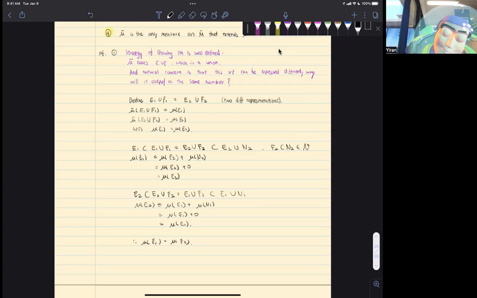How to show this? So mu of E is equal to mu of E, which is smaller or equal than mu of E union F. Okay, so I think I made a mistake in the way I was explaining it.